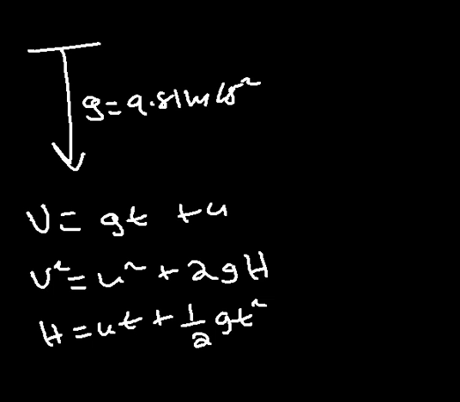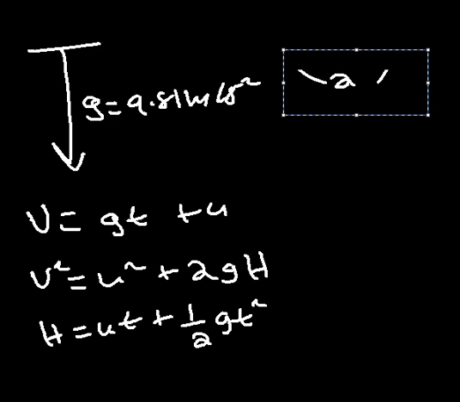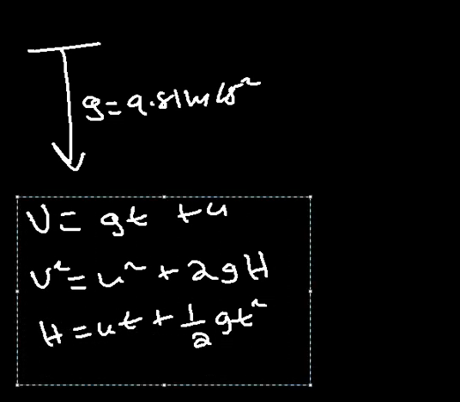And I also have this case if we use the following formula: the displacement is equal to (u plus v) over 2 times t. You know where this formula is based from, so bear that in mind. That is for the object which is falling down under free fall.